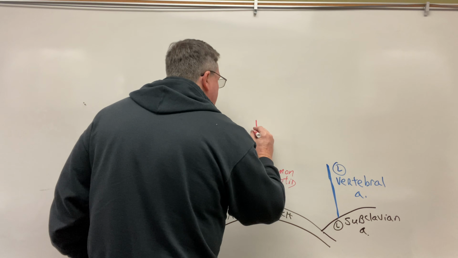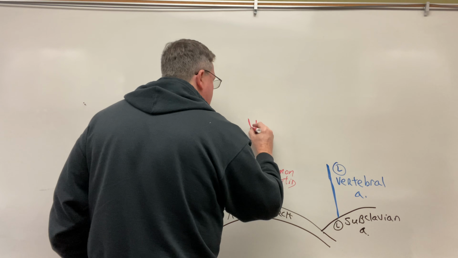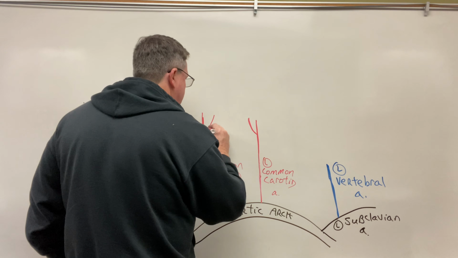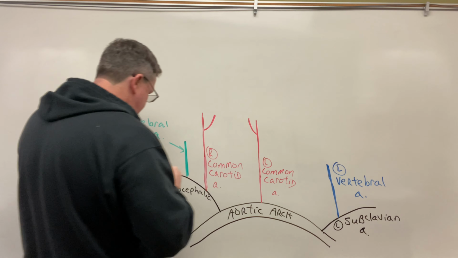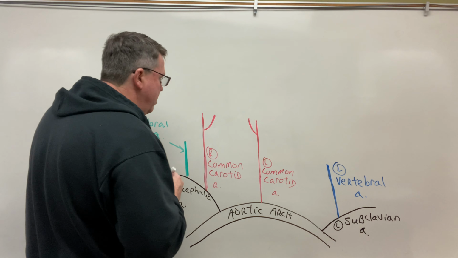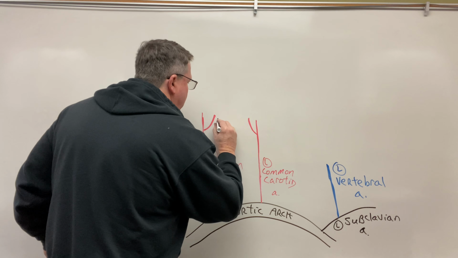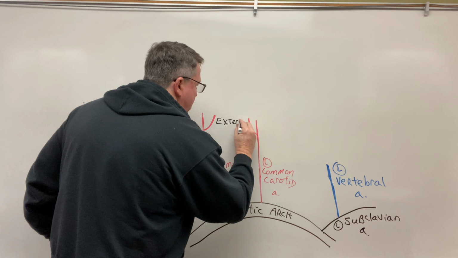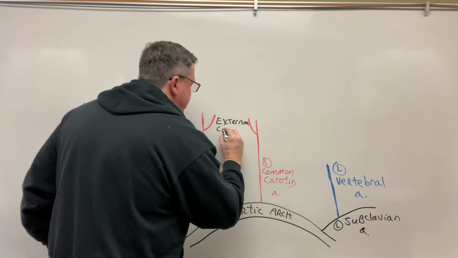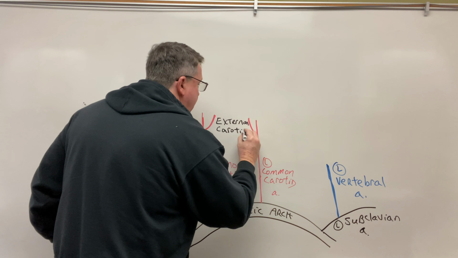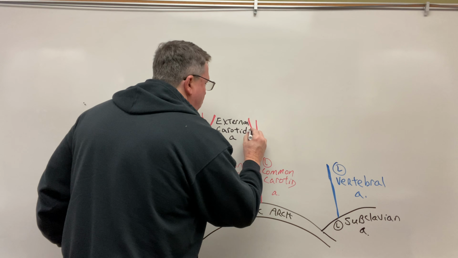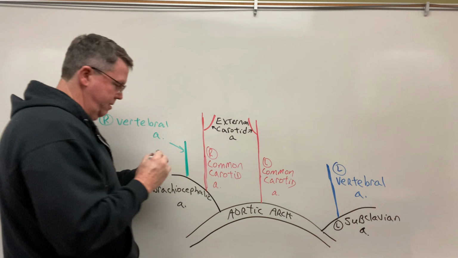So this is going to come in like this. All right, and then I have another portion that comes in like this. And these here are going to be our external carotid arteries. Okay, these are not going to play a role in the circle of Willis.